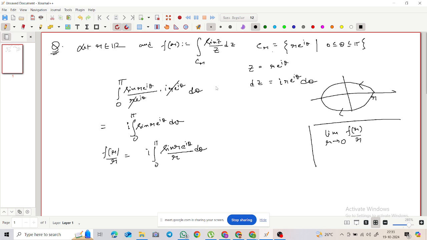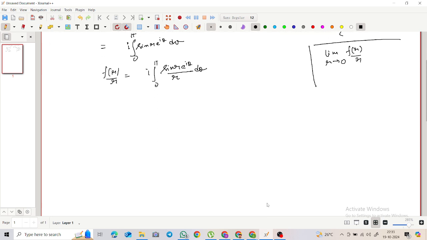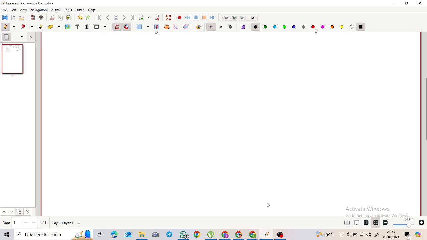No, it will require, I think, higher technique. Okay, do one thing, give it in that group and see if anyone can solve it, otherwise we will have to discuss it in the contour integral class.